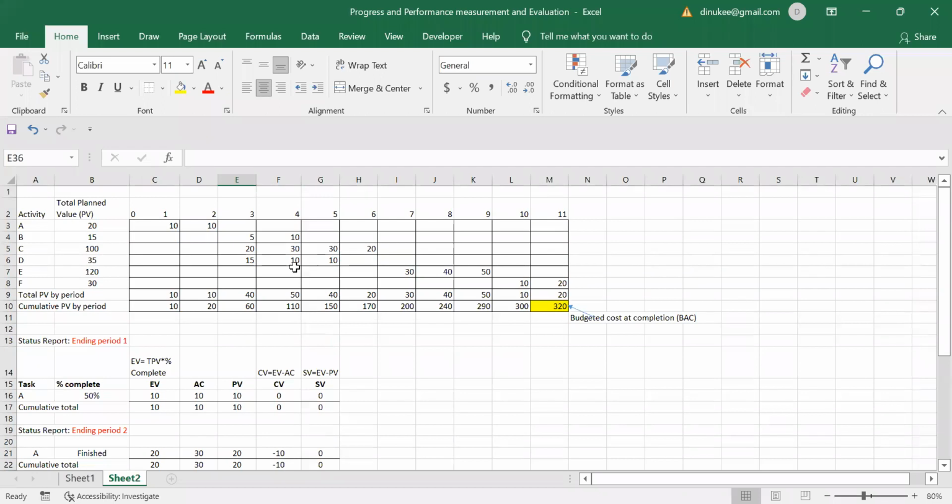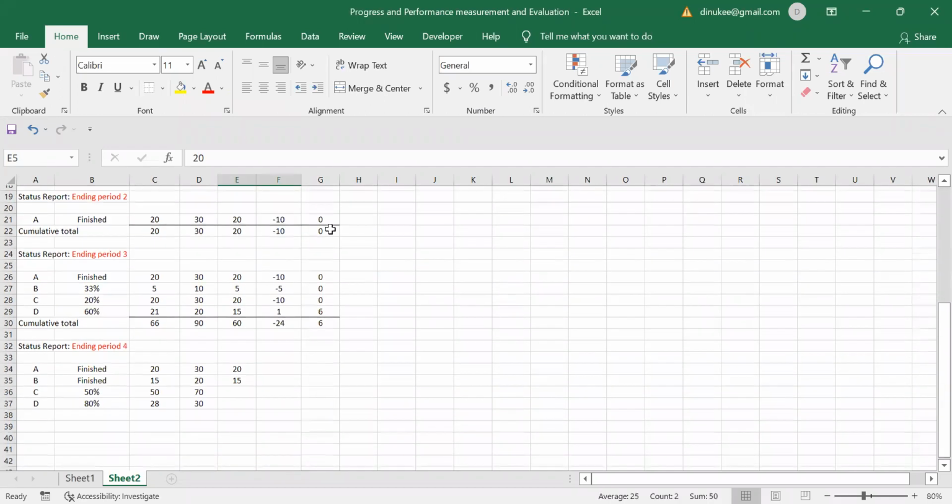And for the C activity, for the ending period 4, what is the planned value for the C activity? It should be what? Very good. Rikshika and Kavindu are telling that it should be 50. You have to take the summation of these two. It should be 50.